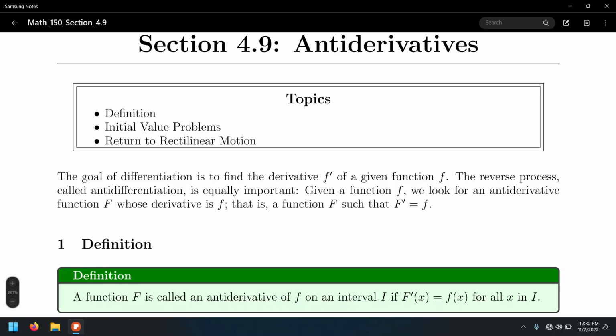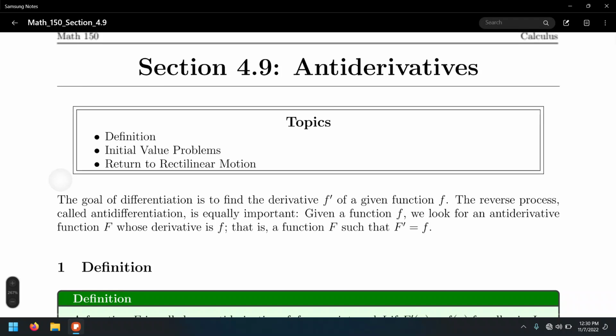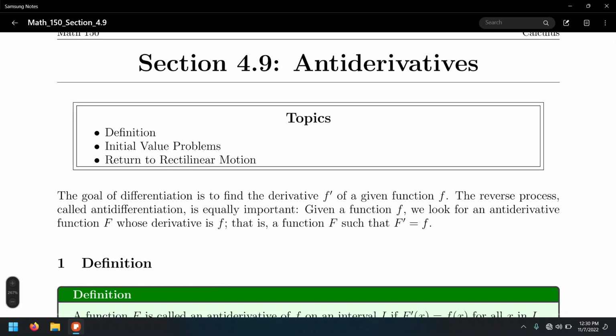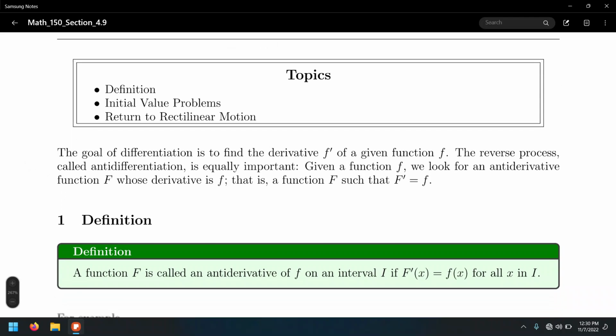So there were different applications. Now we're going to do the reverse.